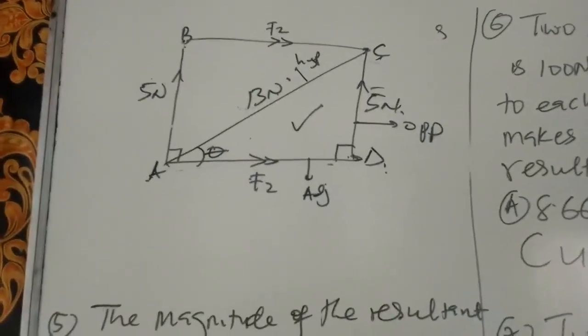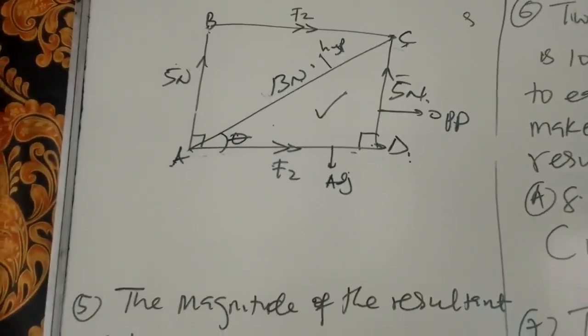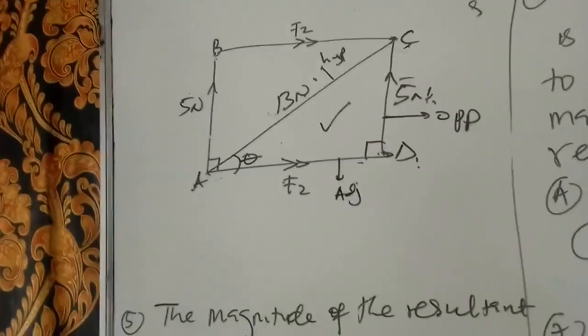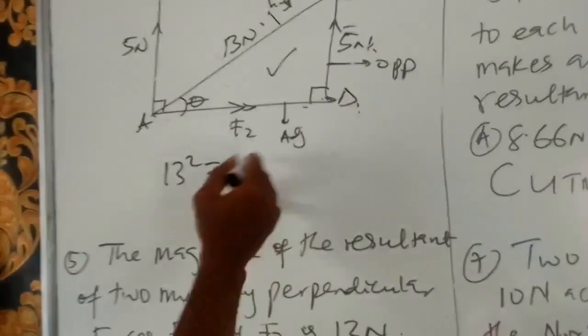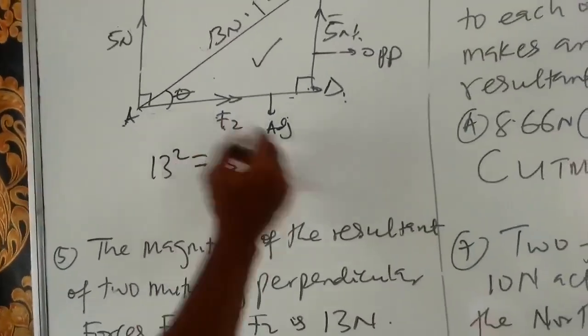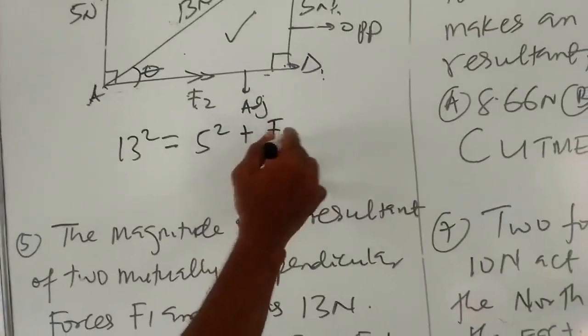So to solve for sides of a right angle triangle, when two sides are given and one side is unknown, we are applying Pythagoras theorem to solve this. So the hypotenuse squared, which is 13 squared, equals opposite squared, which is 5 squared, plus adjacent, which is F2 squared.